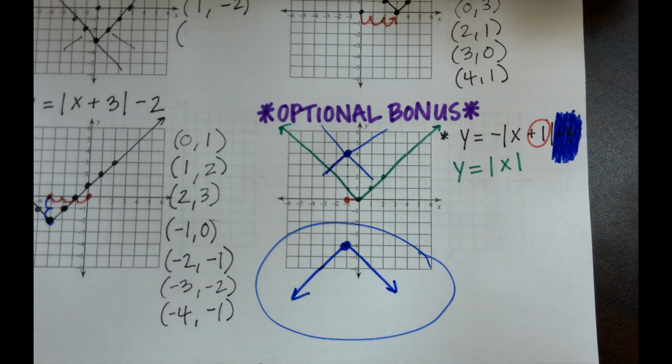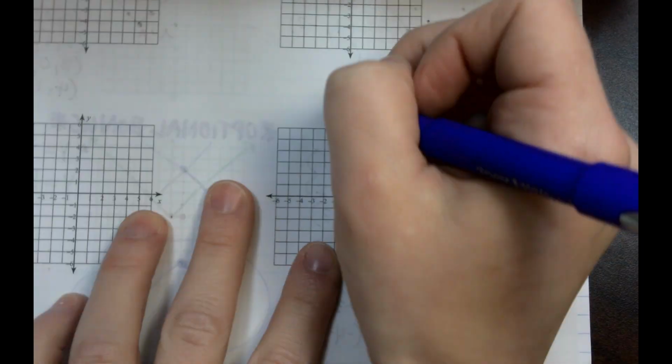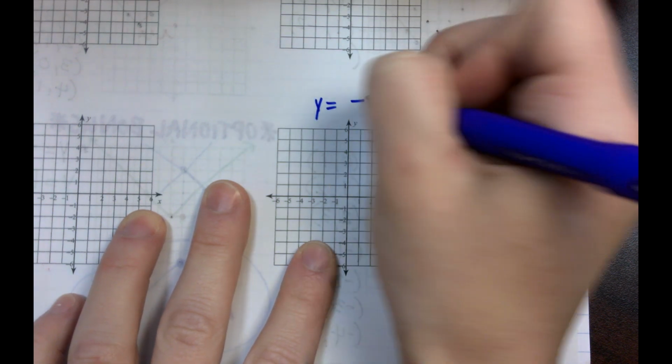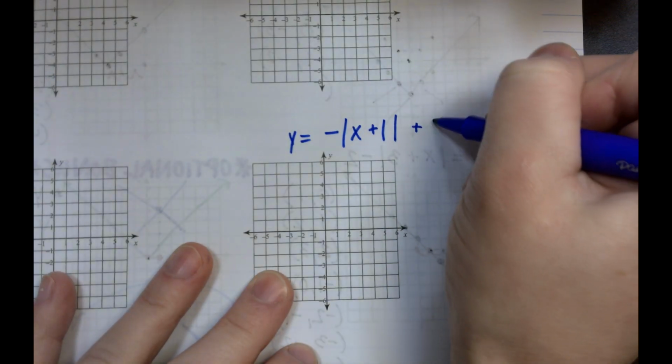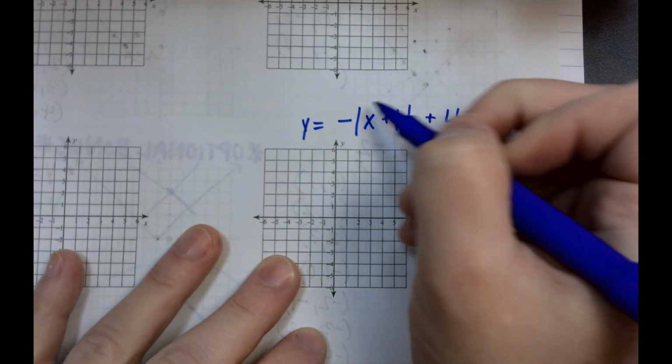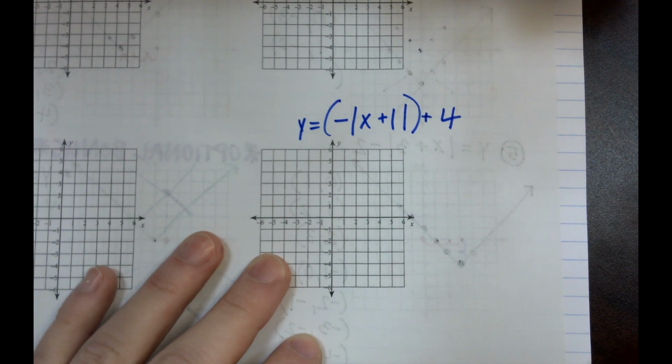Can you draw out the whole thing though, so we know if we got it right? Let's see. So it was y equals negative absolute value of x plus 1, and then plus 4. Okay, so I totally forgot my order of operations. We have the negative outside. It's like distributing in a way, but not really.